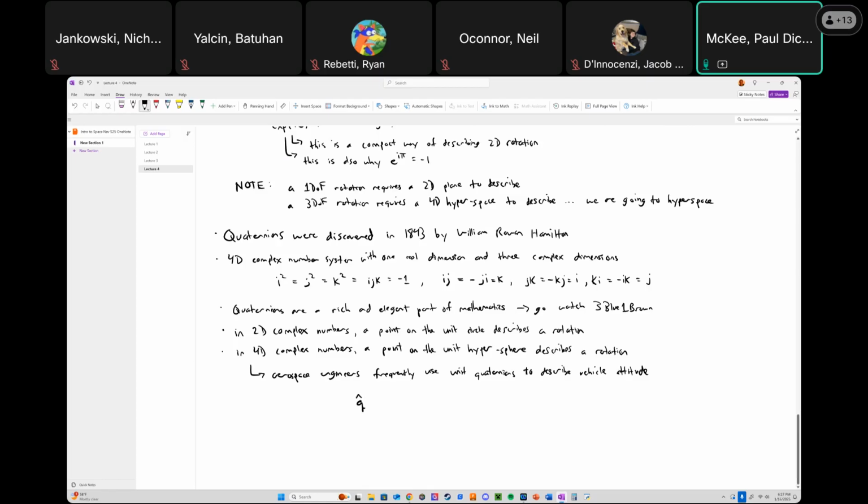Q hat, so unit quaternion, can be broken down into a scalar part, whoops, it's a scalar, and then I drew the hat on it, and a vector part. Or you could think of it as Q scalar, Q1, Q2, Q3.